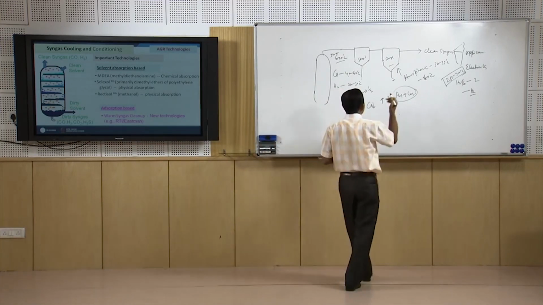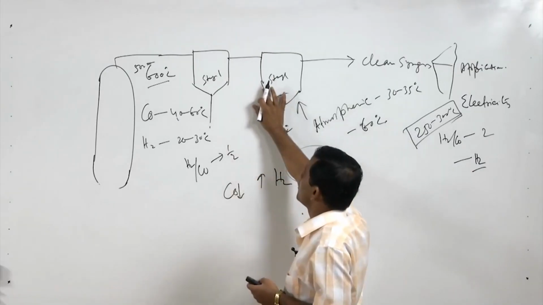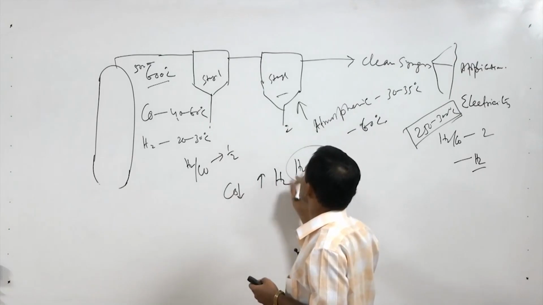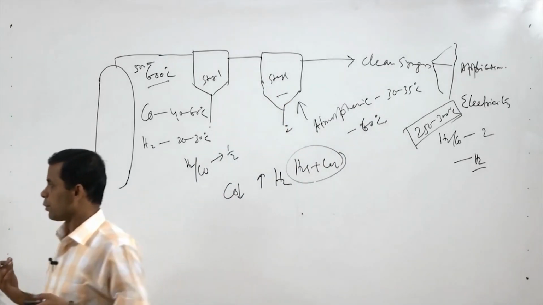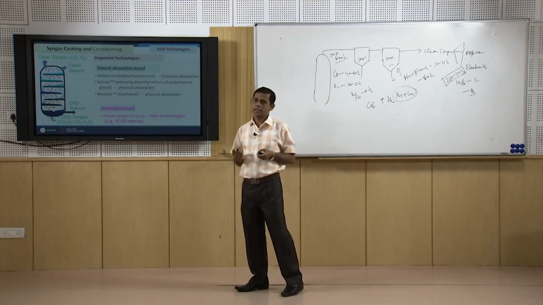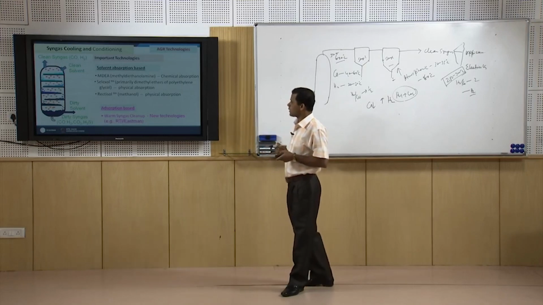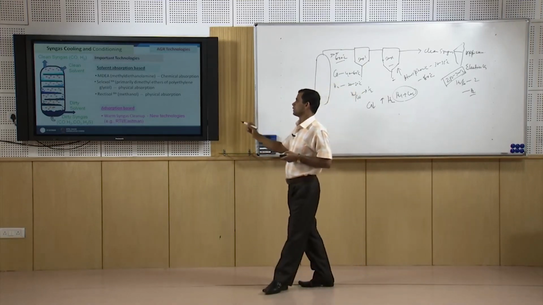But in place of this, if one process is available or can be developed which can separate H2S and CO2 at warm condition, that is warm clean process based on adsorption, that can be more economically feasible and attractive. But this is the latest development and very few commercial plants are available on this technology.